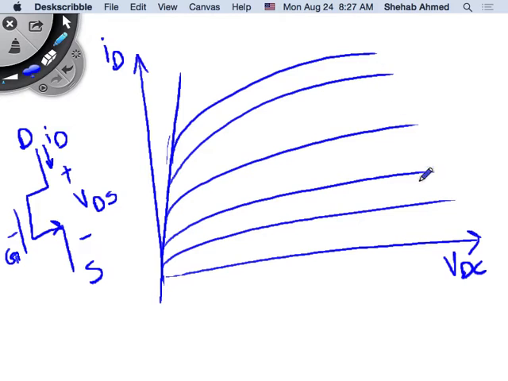What were these different curves for? Different values of VGS, gate to source voltage. So at different values of gate to source voltage, there were different relationships between the drain current and drain to source voltage, right?